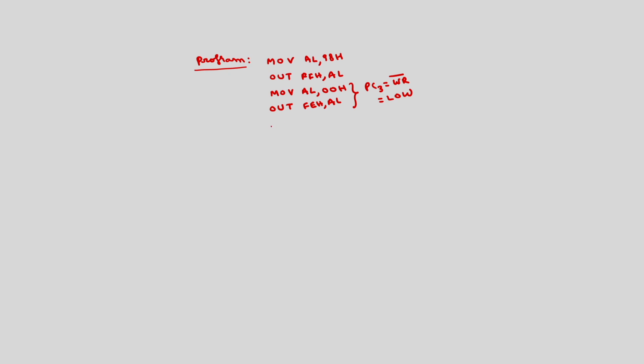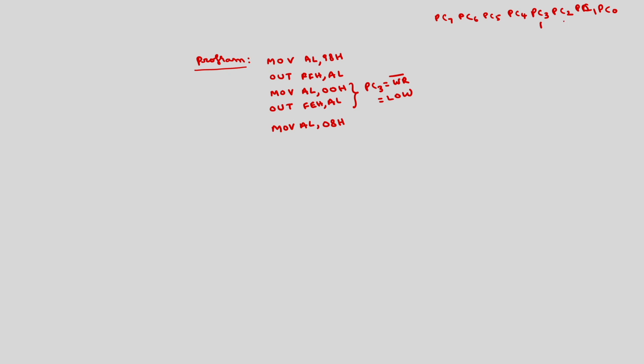Then again you have to make it high. MOV AL, with PC3 made high. The bits are PC0, PC1, PC2, PC3, the MSB of the lower nibble. Is it clear? This is PC7, PC6, PC5, PC4, PC3, PC2, PC1, PC0.